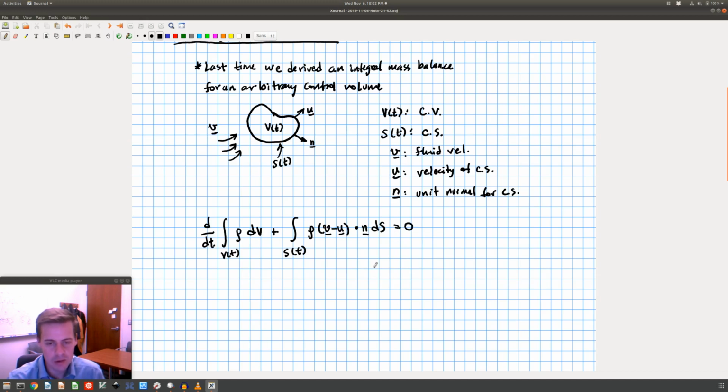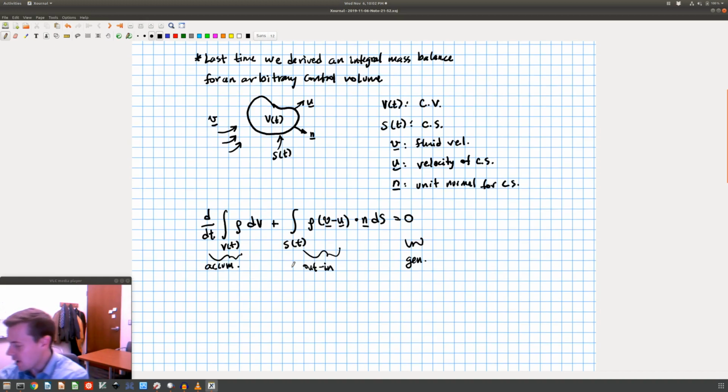And I probably wrote this on the other side, there was a minus sign. Okay, so this is the accumulation term right here. And this term is the in minus out term when it's over here, but I think on this side this is out minus in. Okay, so these are the flux terms, the mass flux. And then this guy was the generation term. All right? So this was the mass balance.